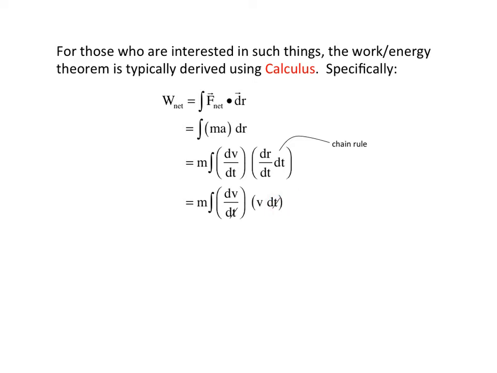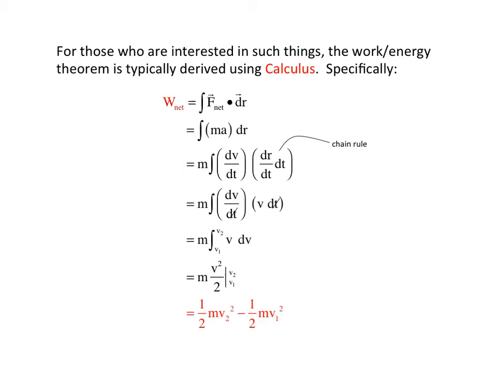When the dt's go away, you end up with m times the integral of v dv, and that integral is evaluated between v1 and v2. The integral of v dv is just v squared over 2 evaluated from v1 to v2. After you do the evaluation, you end up with the net work equaling the change in kinetic energy.